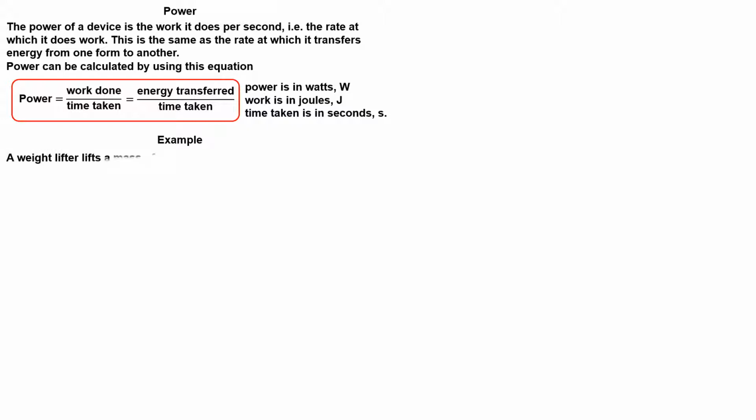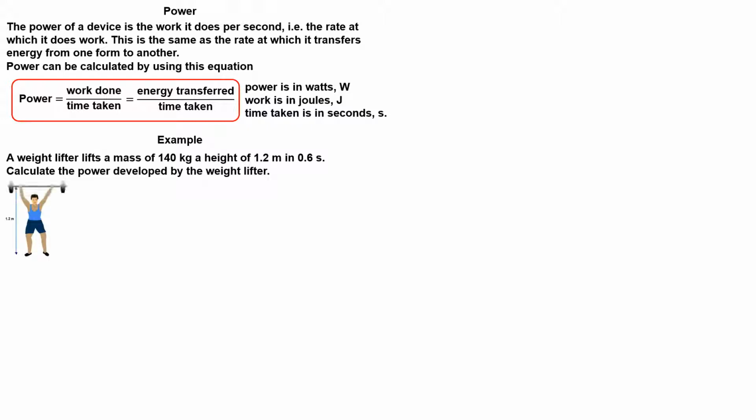Example: a weightlifter lifts a mass of 140 kilograms, a height of 1.2 meters, in 0.6 seconds. Calculate the power developed by the weightlifter.